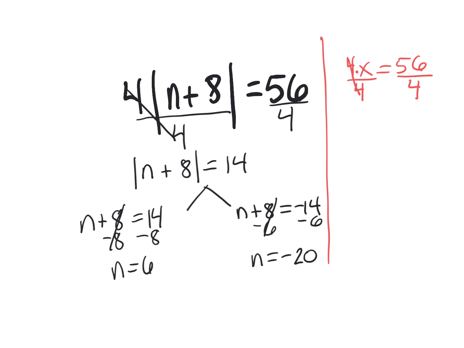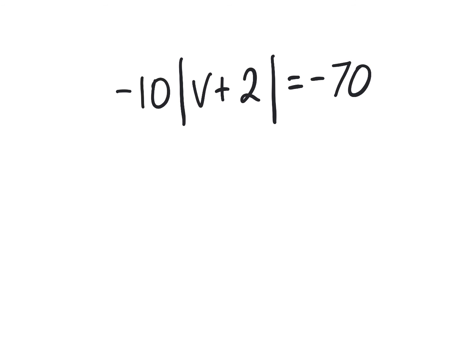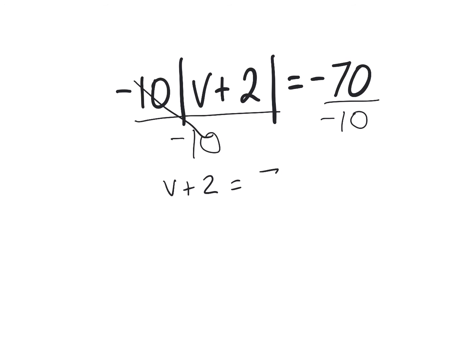Let's take one more example. Here we have the same concept. You may want to pause this and do it on your own. Again, you're going to divide both sides by what is outside of that absolute value. And you'll have v plus 2 equals 7. Remember, it's in the absolute value right now.